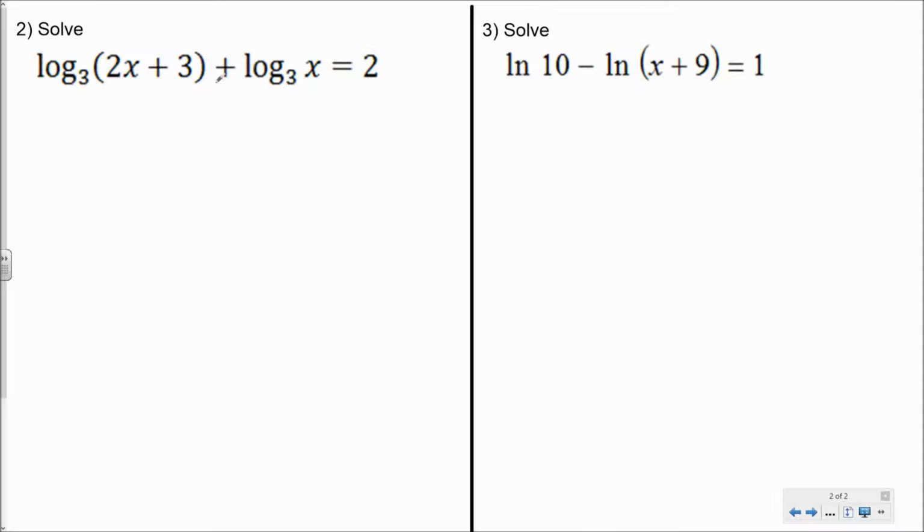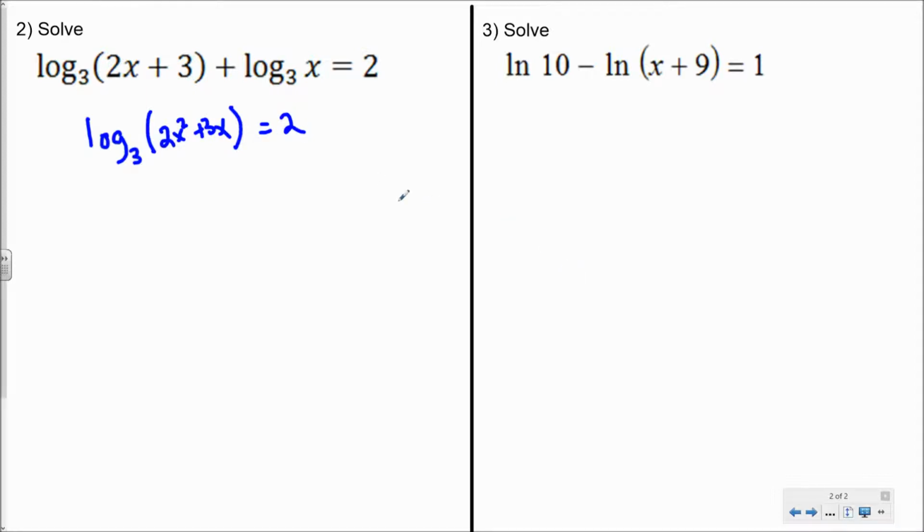Now in the first one, I'm going to go ahead and use the product property to combine these two logarithms, just like before, into a single log base 3 of the product of these two things. Well, the product of 2x plus 3 and x will give me 2x squared plus 3x is equal to 2.